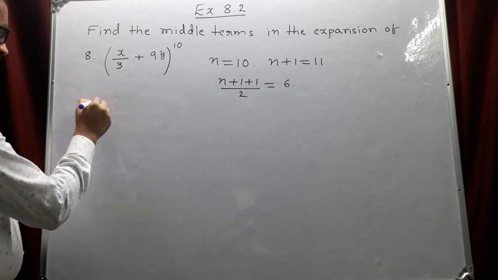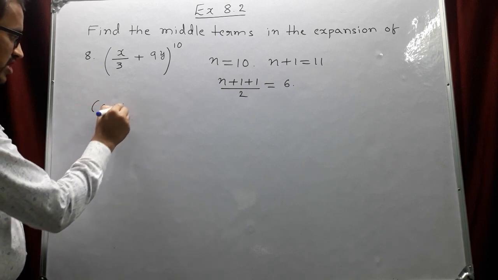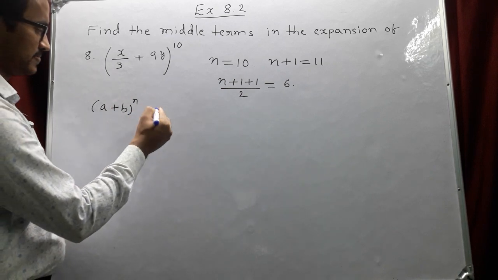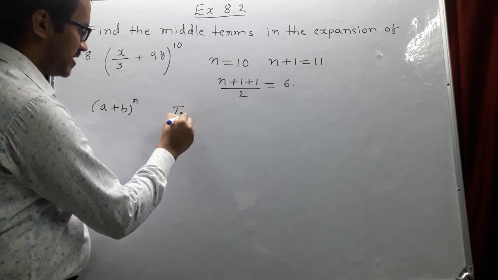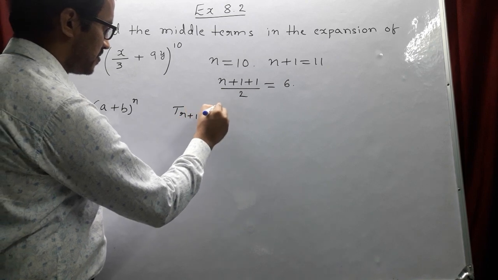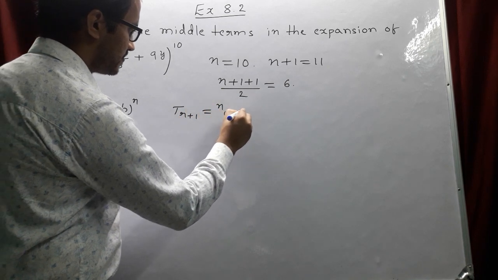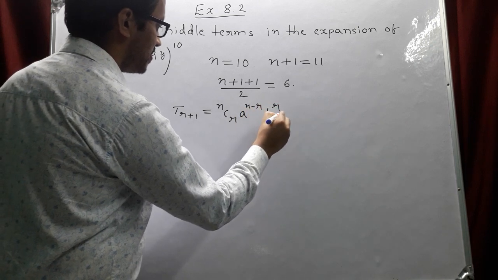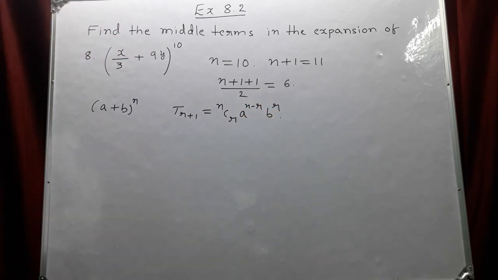We know that the general term in the expansion (a plus b) power n is given by T(r+1) is equal to nCr a power n minus r into b power r.